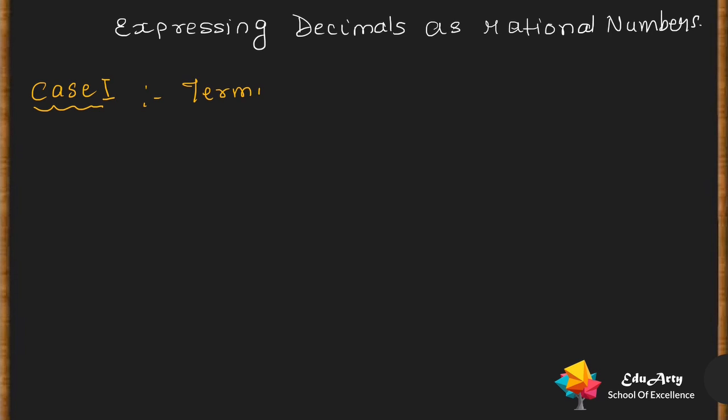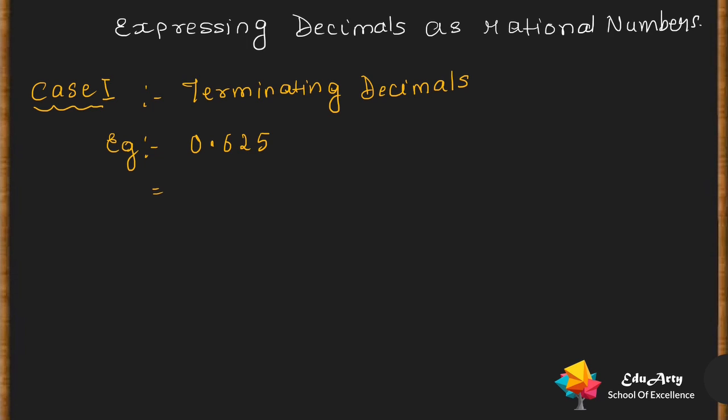What do you mean by terminating decimals? The word terminating means something that ends, something that will get over, correct? Terminating decimals, for example, let's say 0.625, it's a terminating decimal, there is no number after 5 and we are very sure about it. So if we want to find the p by q form of this, what will you do here?